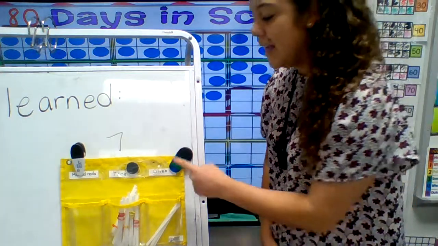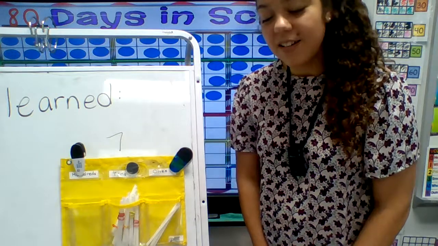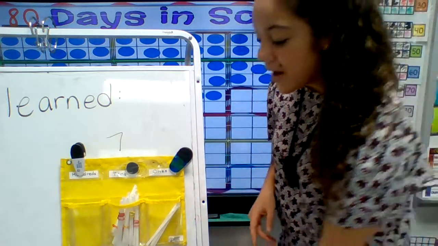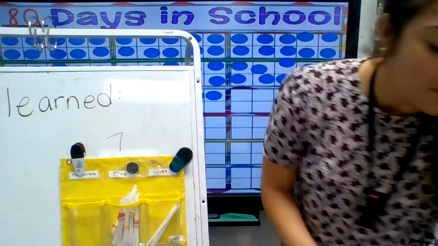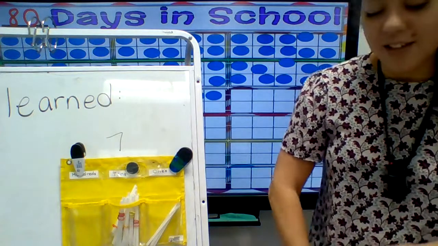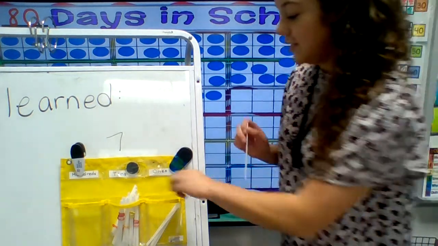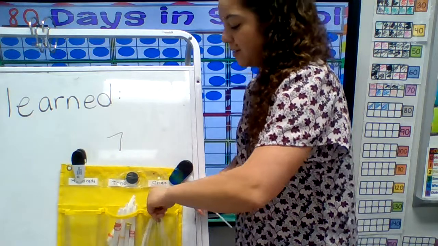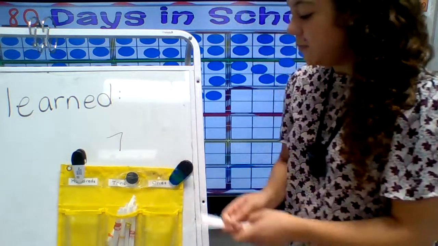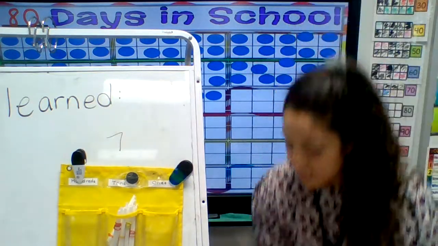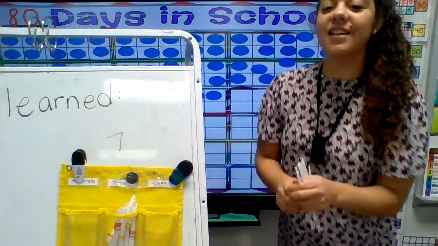Wait, can 10 ones go in here? No, you know that when you get to 10, we have to bundle. Let's sing our bundle song together. Say bundle, bundle, bundle, bundle, bundle, bundle, bundle, bundle, bundle, bundle. Good.